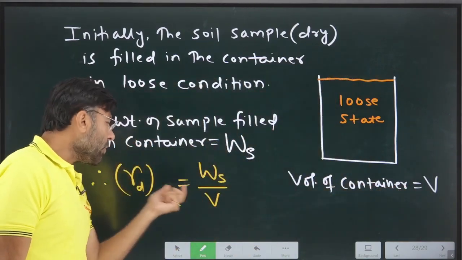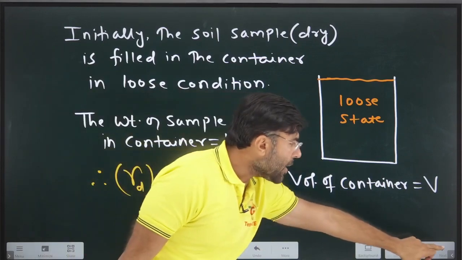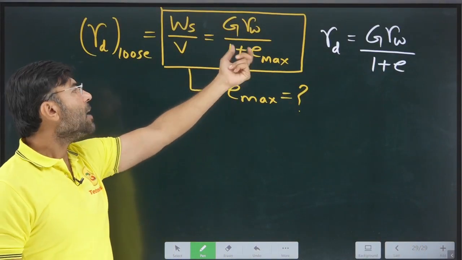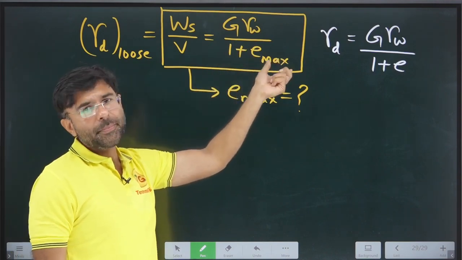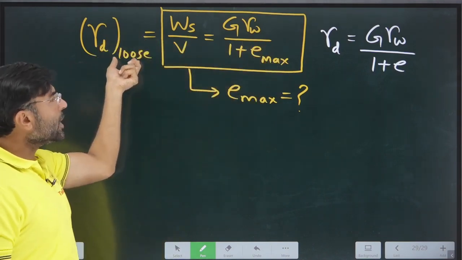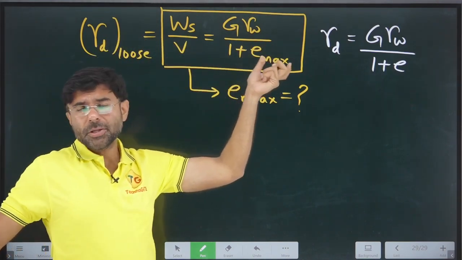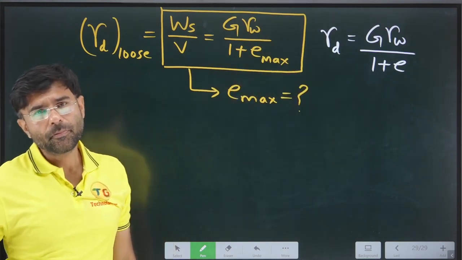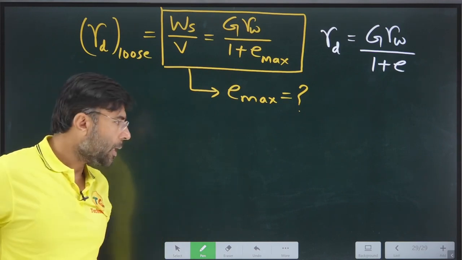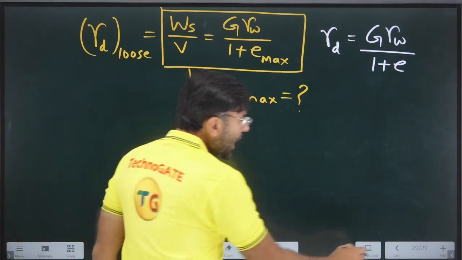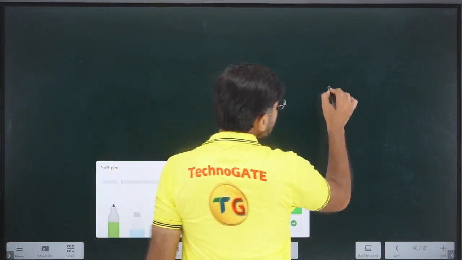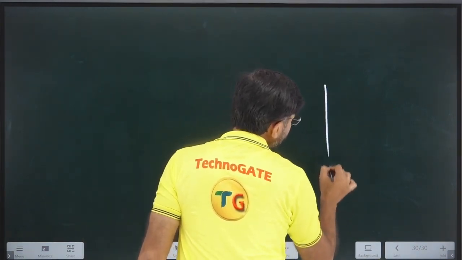The weight upon volume will give me gamma D. And by using the relation gamma D equals G gamma W upon 1 plus E, I will easily get the value of E. Since the soil was in a loose condition, the void ratio I get will be the maximum value of the void ratio. Got this point?